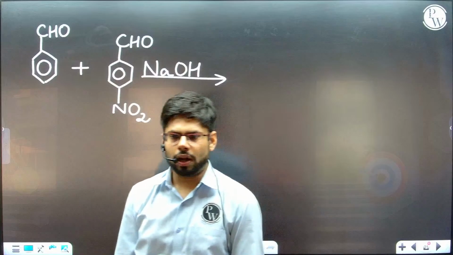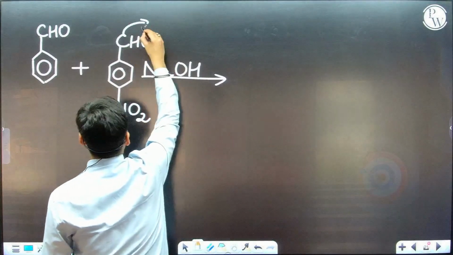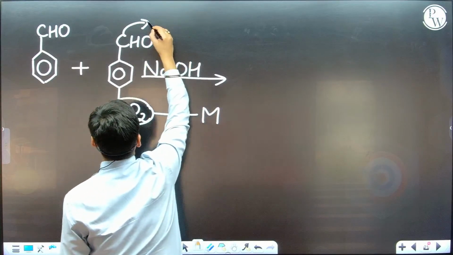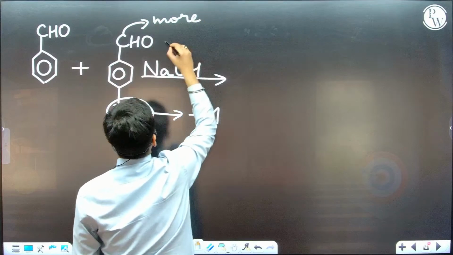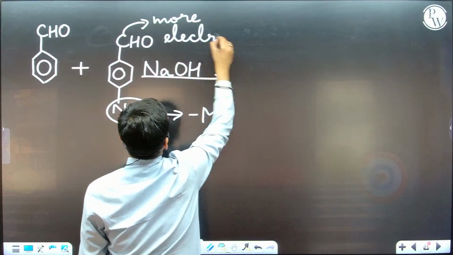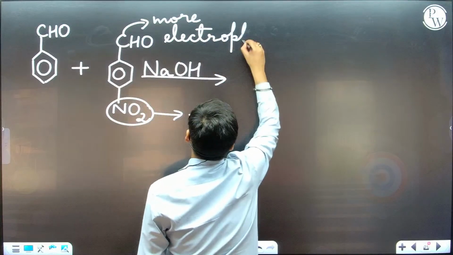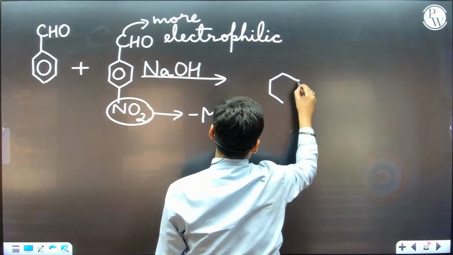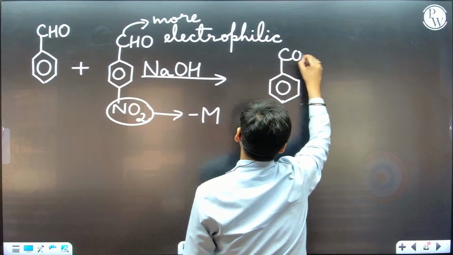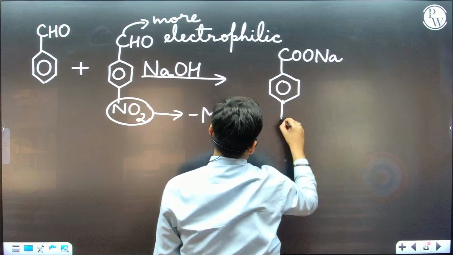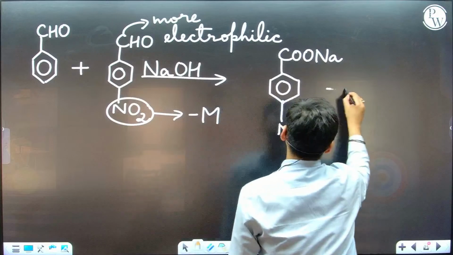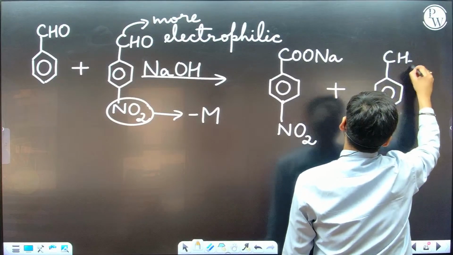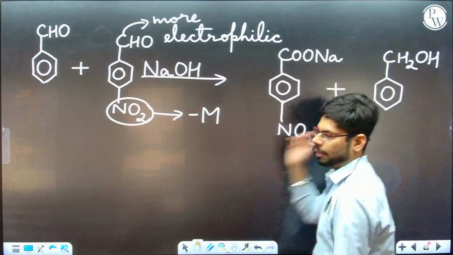Every aldehyde has 0 alpha hydrogens. Now this carbon is more electrophilic because we have NO2 which shows minus M effect. Minus M effect will increase the electrophilicity of this carbon, so this is more electrophilic. So the major products will be these. I hope now the concept is clear.